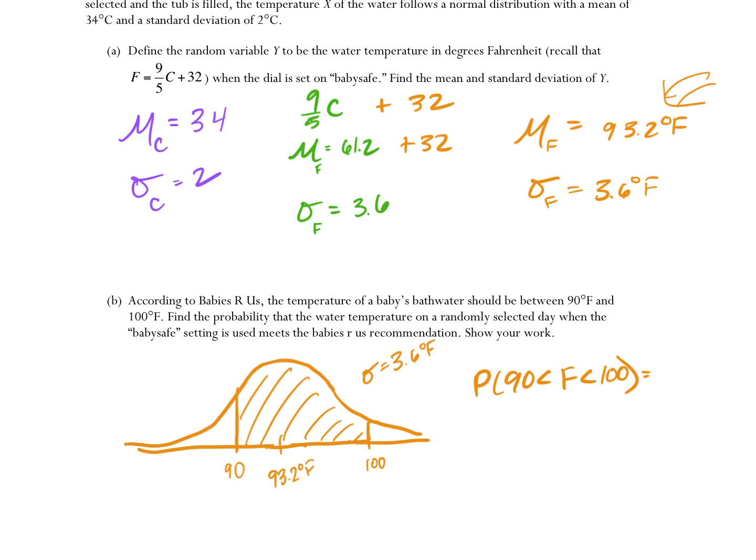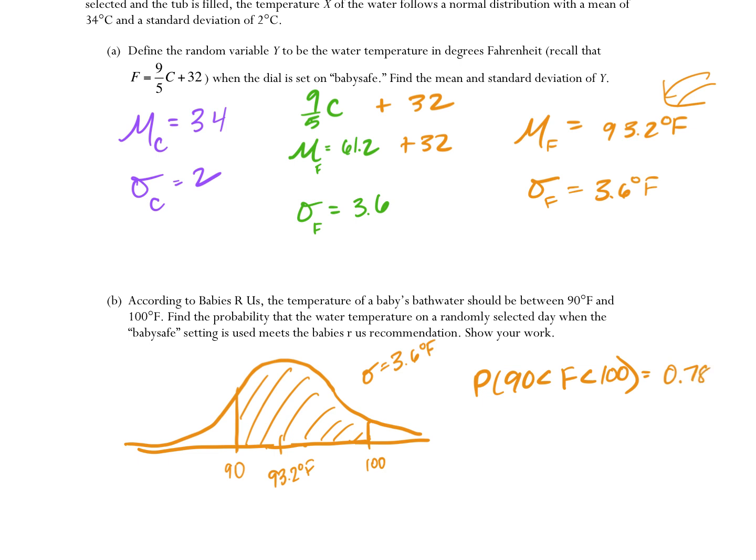Where do I find this in the calculator? Normal CDF. Normal CDF. .783.